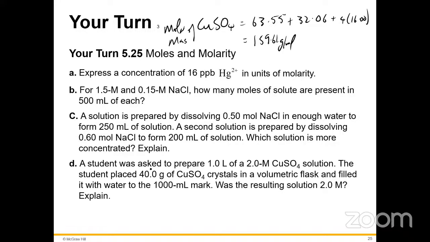Now, the question says that the student measured 40 grams of the copper(II) sulfate. So we need to find the mole value equivalent to 40.0 grams. So 40.0 grams multiplied by 1 mole over 159.61 grams, and that would give the moles.